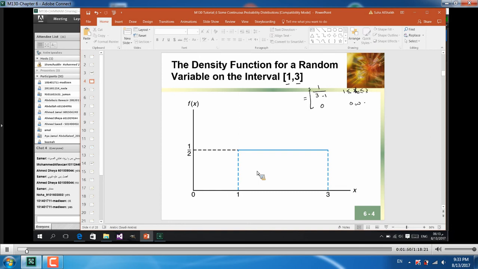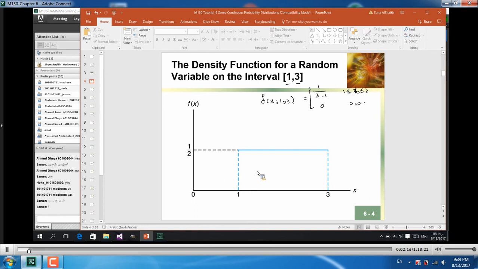So this is my uniform distribution function, and we call it the function f of x, with 1 and 3 in that case. Okay, the zero means zero.